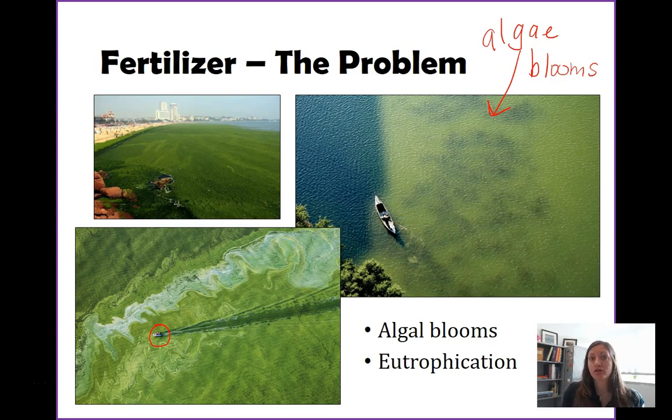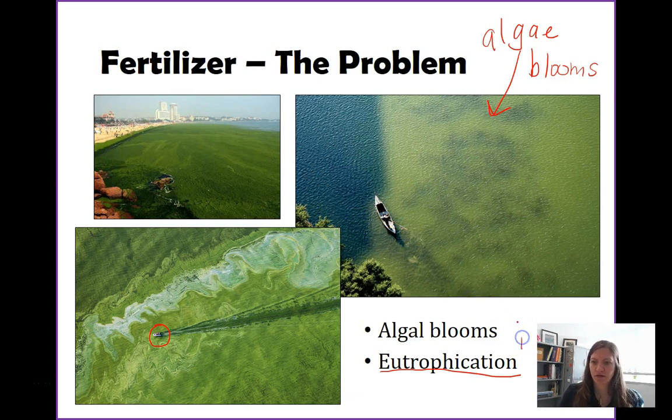Now, this might be good in the short term. These are more producers, right? That means it can feed more primary consumers and secondary consumers and so on and so forth. And it does, but we'll talk about some of the effects afterwards. Now, these algae blooms are caused through a process called eutrophication. So that's what this word is down here, eutrophication. Eutrophication is the increase in nutrients.